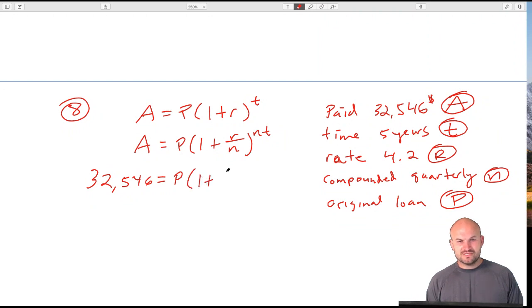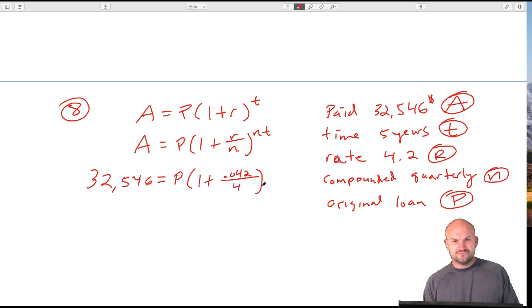So 1 plus, so that is going to be, not 4.2. That's 0.042.